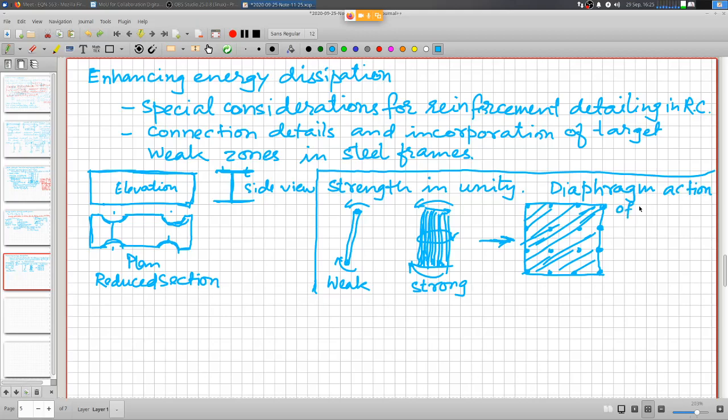Diaphragm action of floor slab. If we have a monolithic reinforced concrete slab, which is cast monolithically with beams and columns, then it will ensure that all the columns will move by the same amount under the influence of this lateral load.